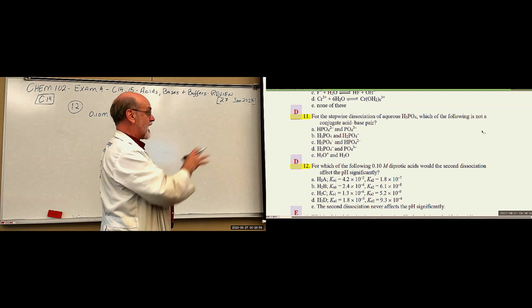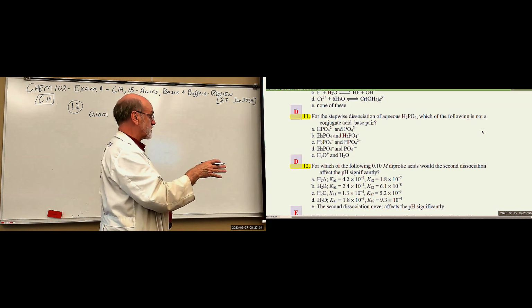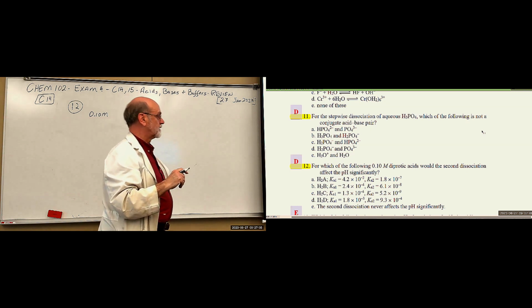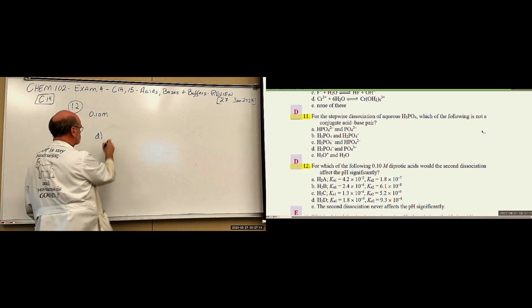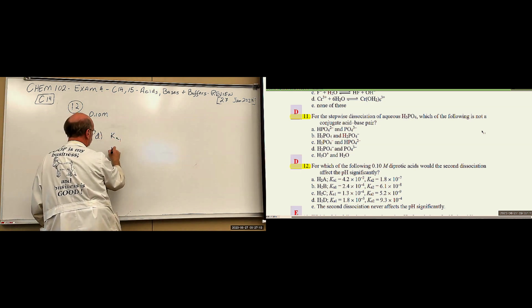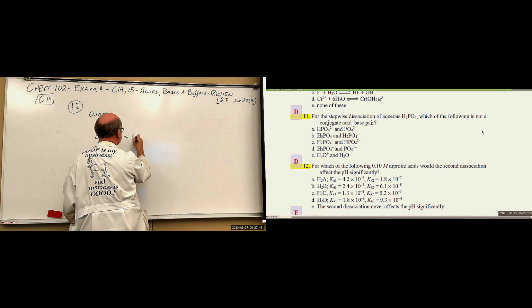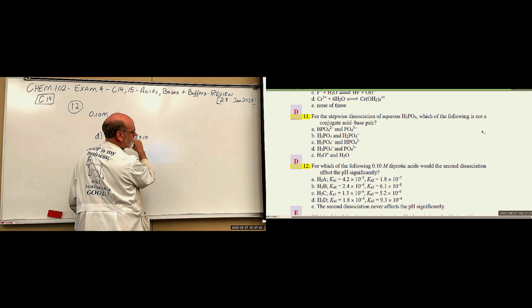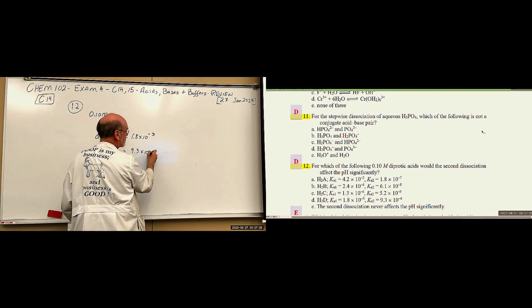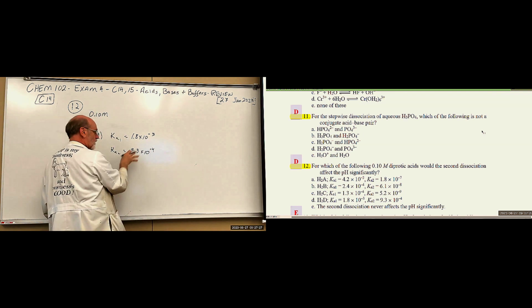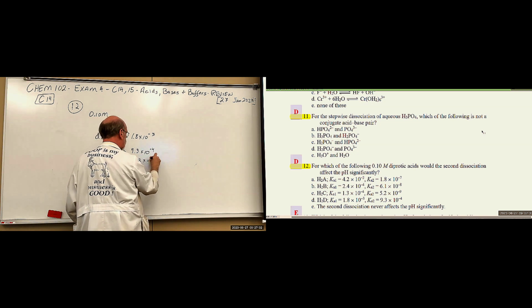Well, A is 5 orders of magnitude, B is 4 orders of magnitude, C is 5 orders of magnitude, D is only 1. And not only that, for D, 1.8 times 10 to the minus 3 and 9.3 times 10 to the minus 4. We can write this also as 0.93 times 10 to the minus 3.